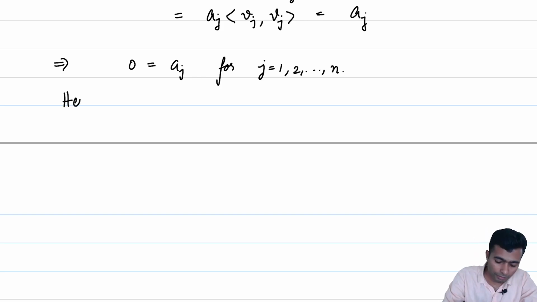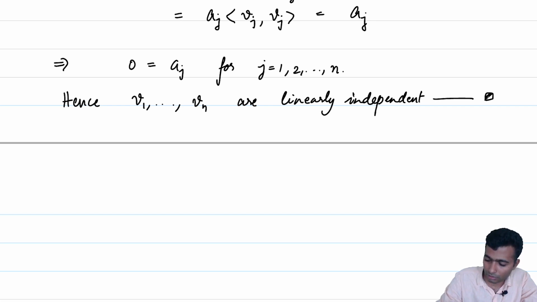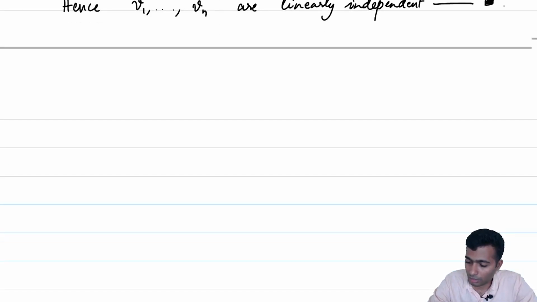And hence v1 to vn are linearly independent. Alright, so we gave 2 proofs for this result, but nevertheless it's a good result to keep in mind, and this is just the beginning of many good things that we get out of an orthonormal set of vectors.